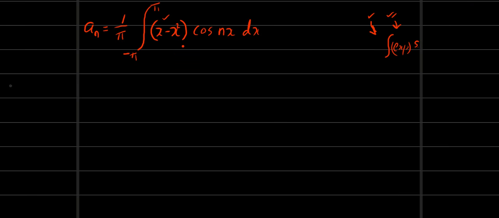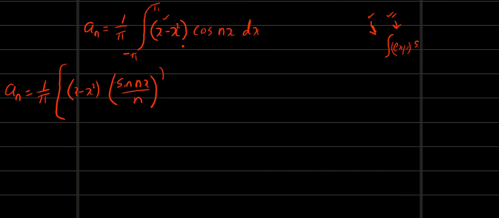Okay, now let's continue. So an is equal to 1 by pi. Okay, let's integrate really fast. So first function, what's the first function? And then in another bracket I'll write sine nx by n within the limits. Tell me what are the limits? Minus pi to pi.